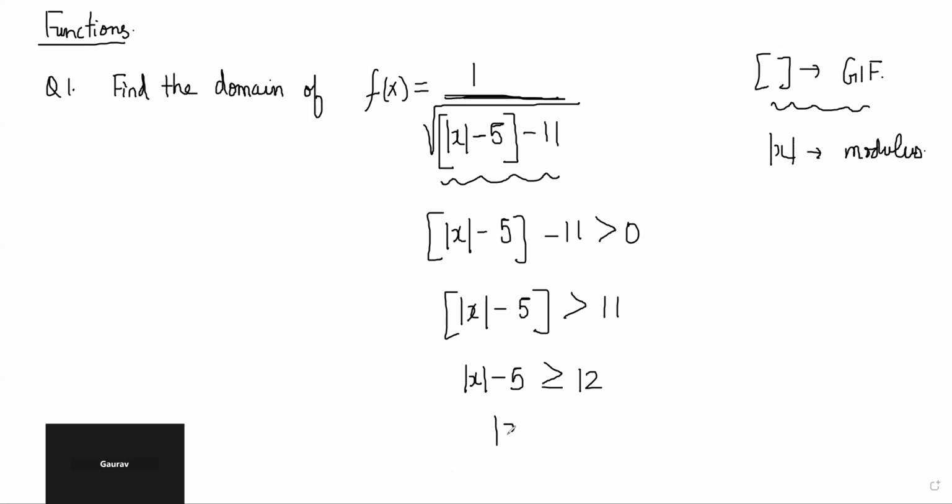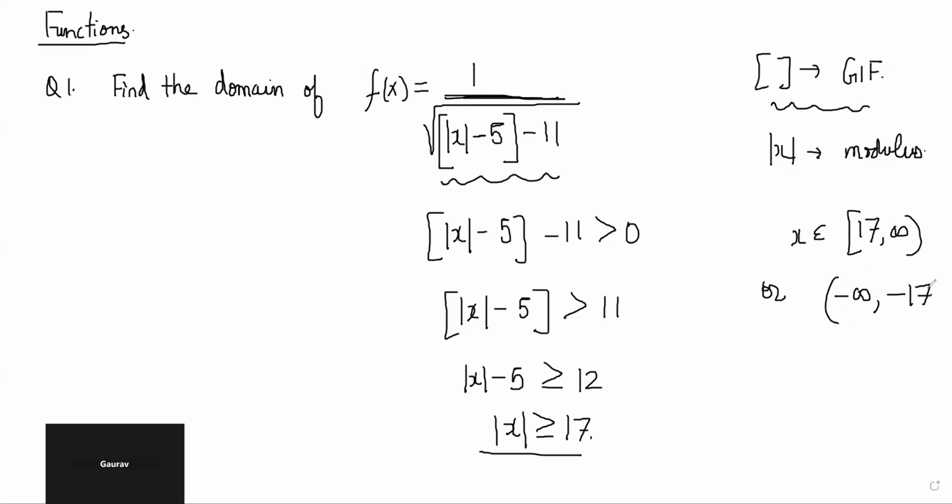So you're getting mod x is greater than or equal to 17, which means x can belong to either 17 to infinity or minus infinity to minus 17. And this is a closed bracket here, because it can be equal to 17 or minus 17.